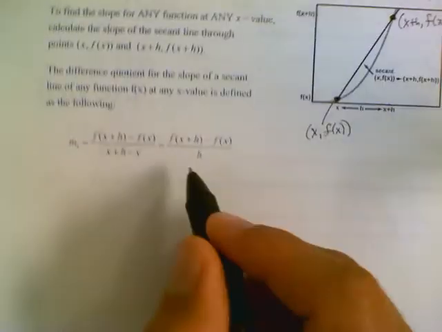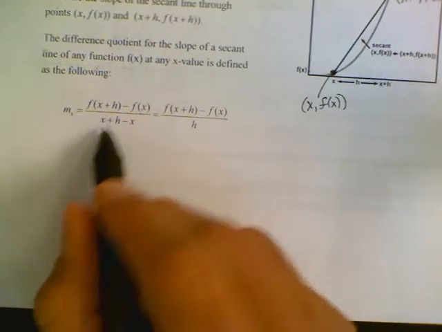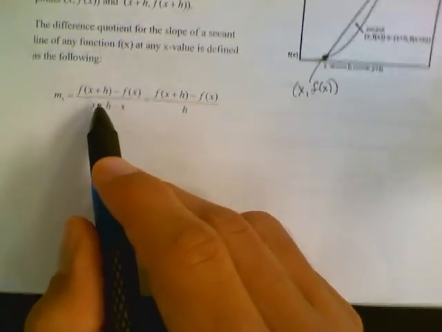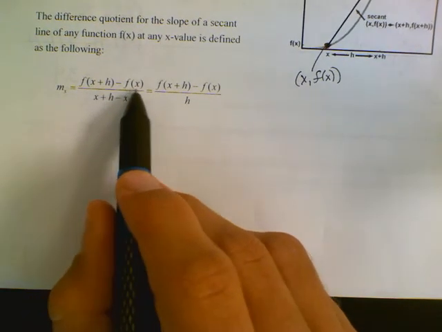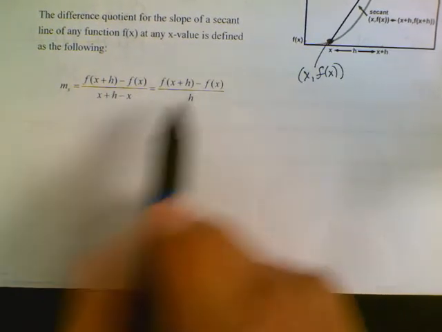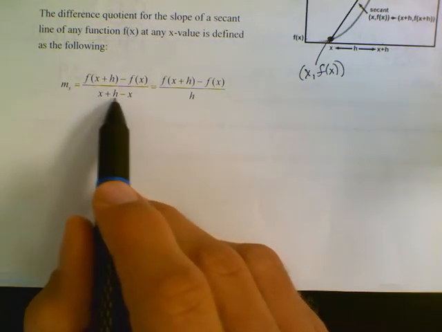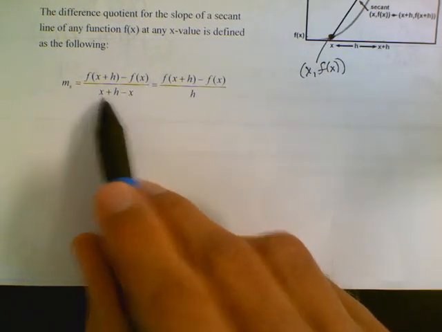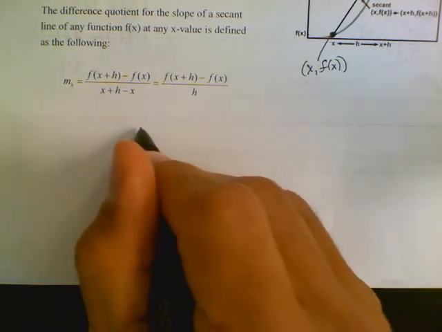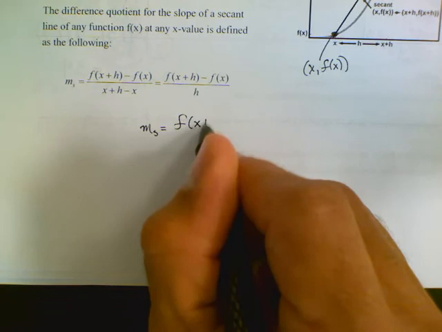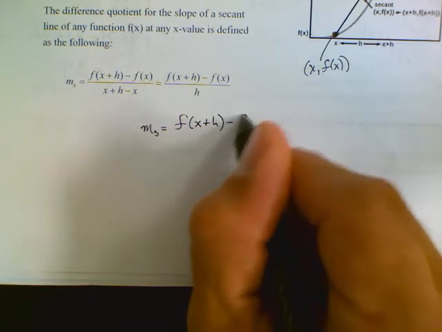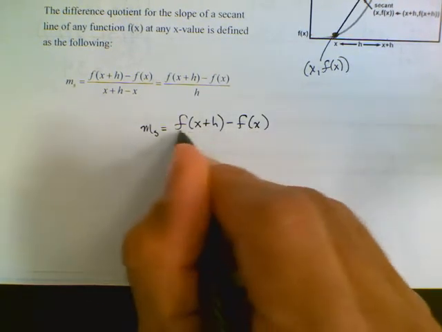And here's your result. There's the slope, the difference quotient: f of x plus h minus f of x all over x plus h minus x, and you'll see that the x's cancel out. This difference quotient is very, very important because it is basically the slope formula.